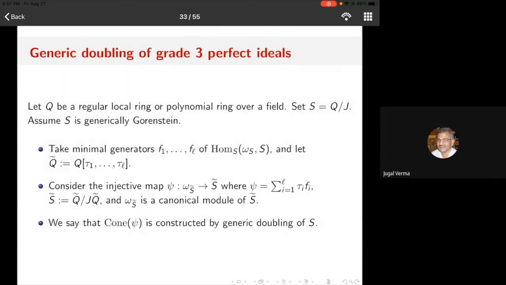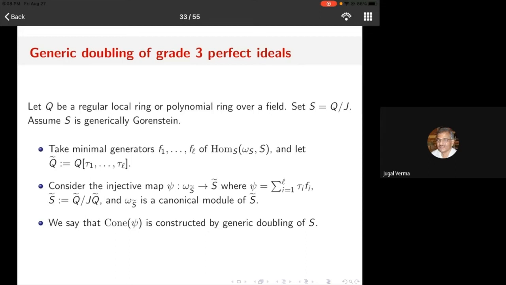But what we want is what is called generic doubling. Here we take the minimal generators of the dual of the canonical module. Suppose F1 to FL are the minimal generators of the canonical module.